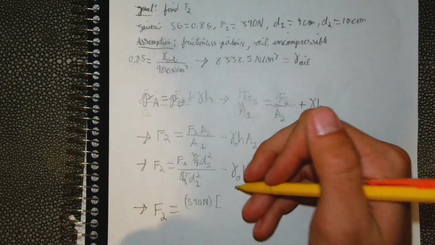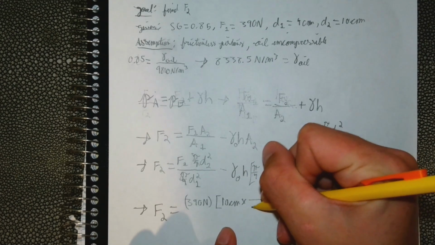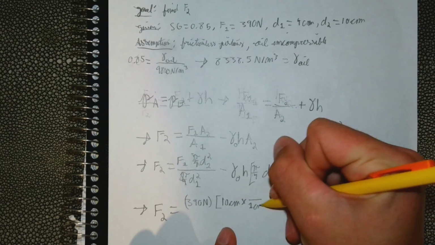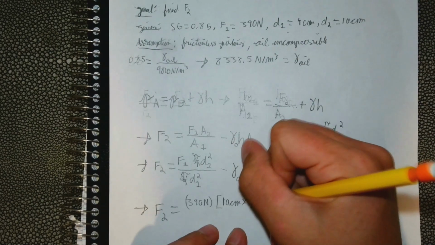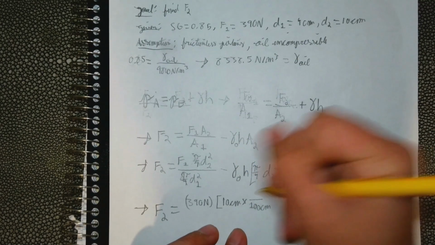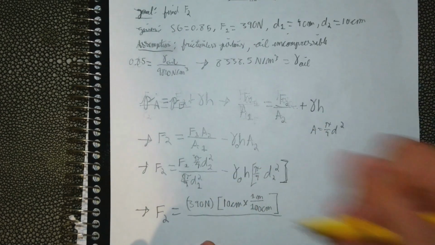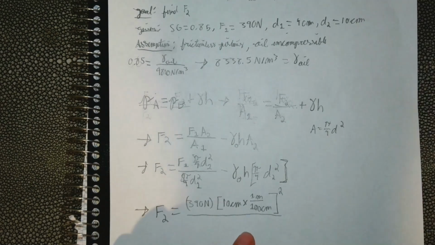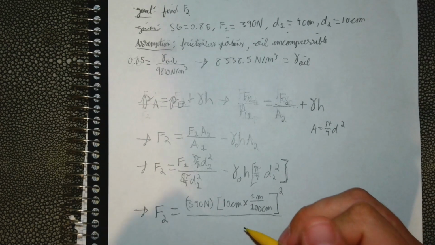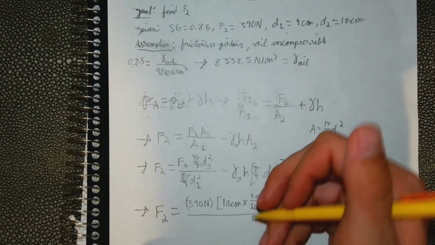We should convert that to meters, so divide it by 100. Okay, and then just do a conversion there. Don't forget to square it. And then we need to do the same for diameter 1, which is 4 centimeters.